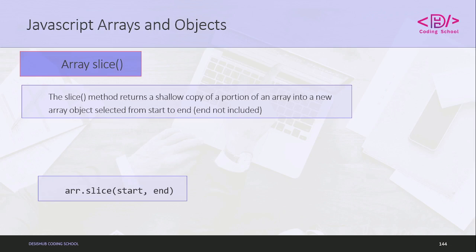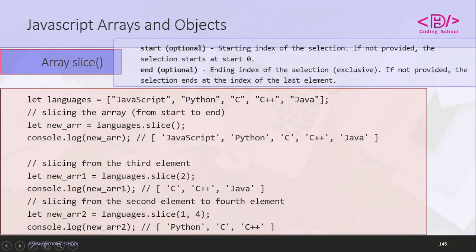And the good thing is that you can tell it where to start and where to end. You can see the syntax for this method is that on an array, it takes in the starting point and the end point. The starting point is optional. If you don't pass in the starting option, the starting point will be assumed to be 0.